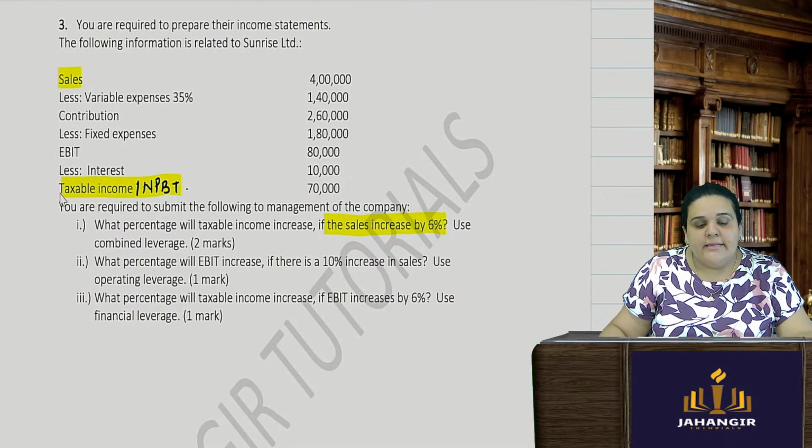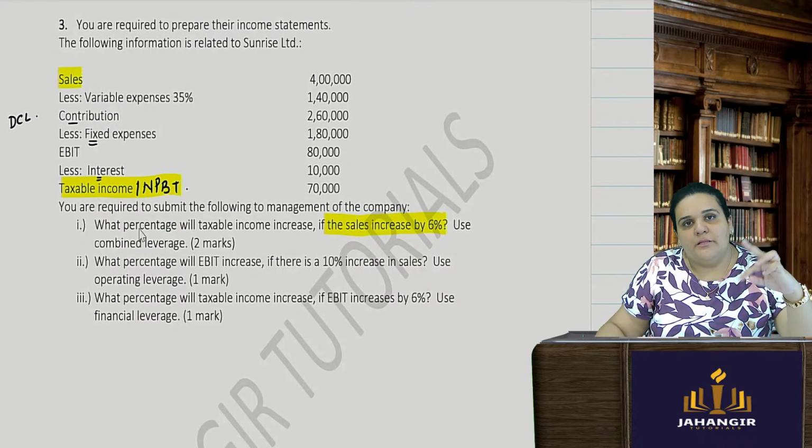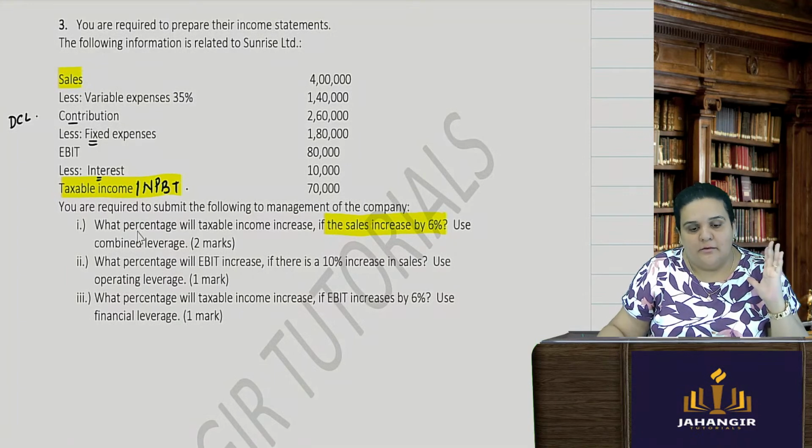Looking at the income statement itself, I can understand that to find this, I will have to know my degree of combined leverage, because both my fixed costs and my interest costs are covered. The relationship between the two extremes they are asking.